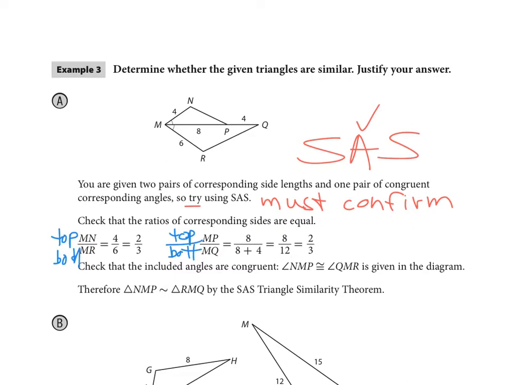Then we simplify that fraction also down to 2/3. So because the ratios are the same for both pairs of corresponding sides, we can say yes, they are similar by side-angle-side. But notice we had to actually verify the math for the two S's of our shortcut. Let's look at part B.